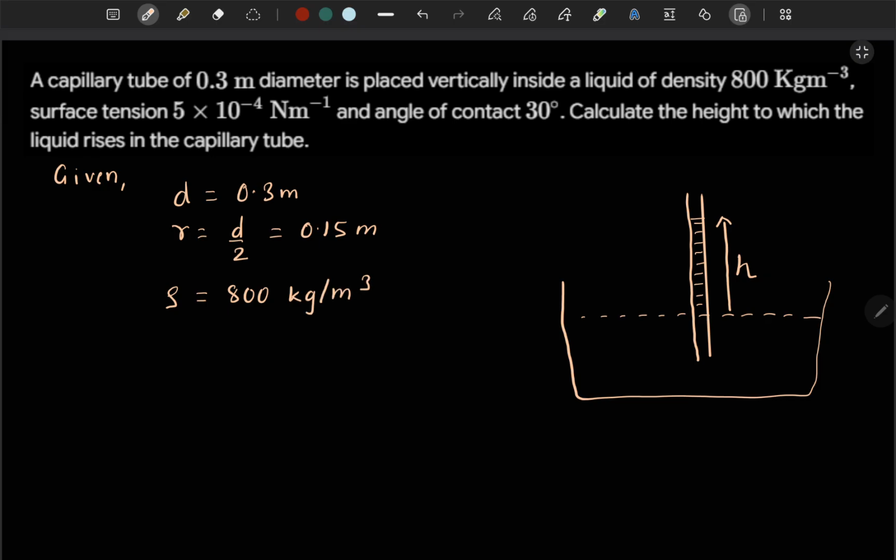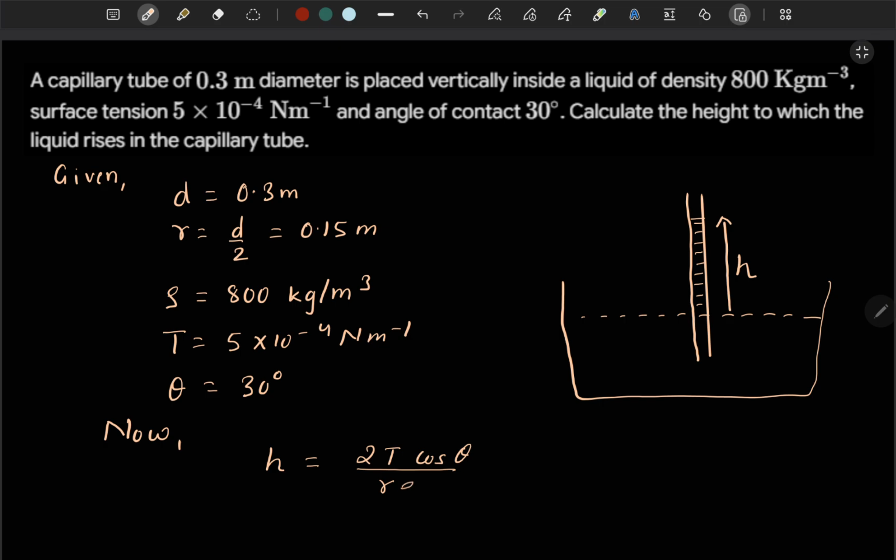The surface tension of the liquid is 5 into 10 power minus 4 Newton per meter, and angle of contact is 30 degree. Now we have a direct formula to calculate the rise of liquid. Height of rise of liquid is 2T cos theta by r rho g.